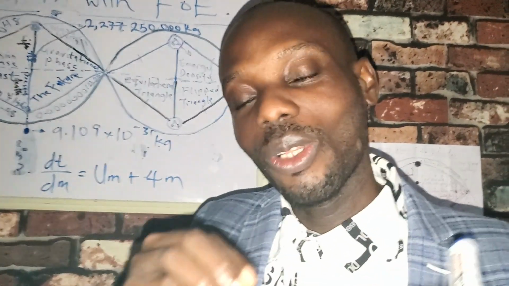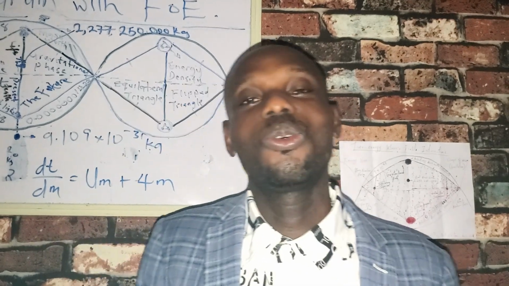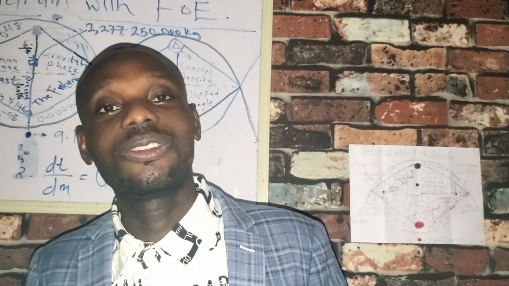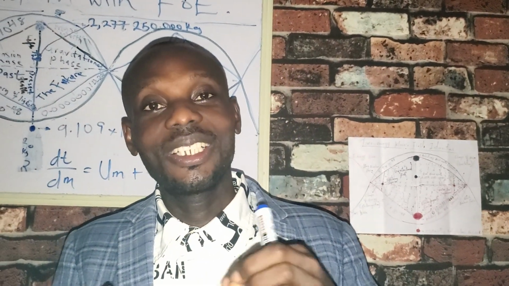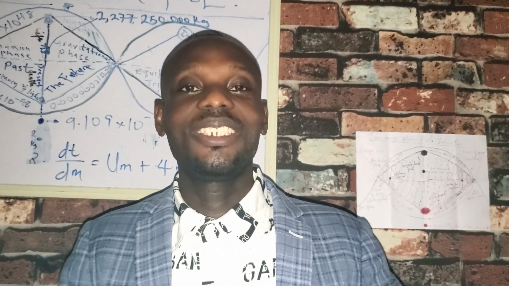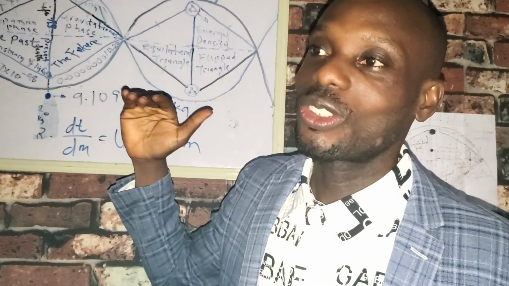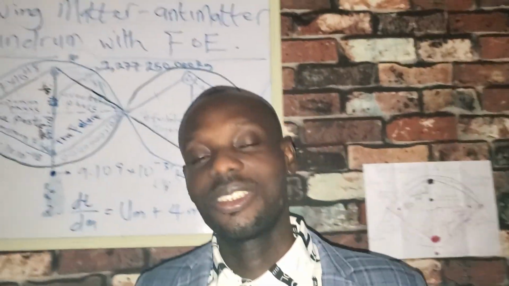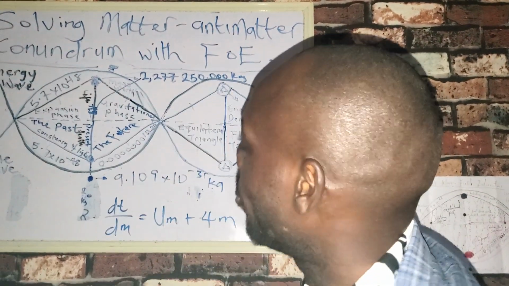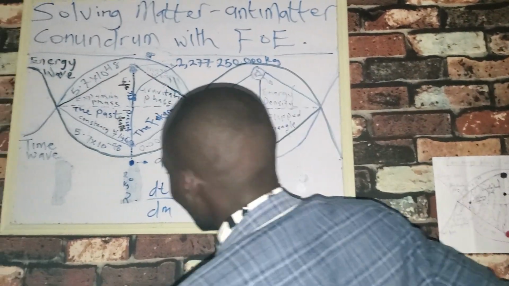So in this particular video, I'm going to explain that by God's grace. You understand? This is highly deep, because it is going to reveal so many things that are hidden to us. So now let's go into it.